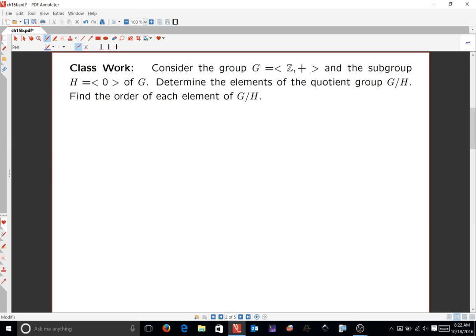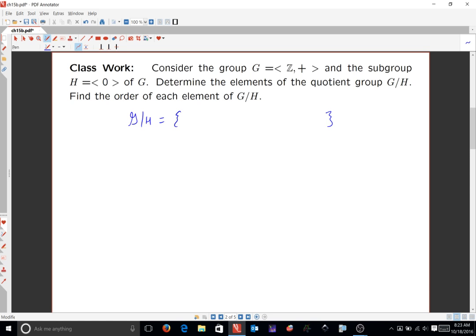What you're doing is determine the elements of the quotient group, G mod H, and find the order of each element. In other words, what is G mod H equal to in set notation? And then give me the order of each of the elements in G mod H.